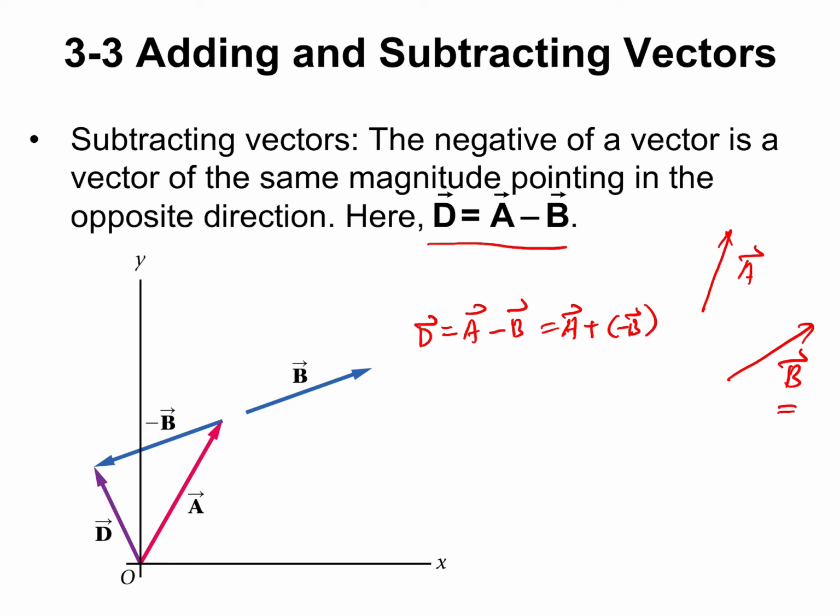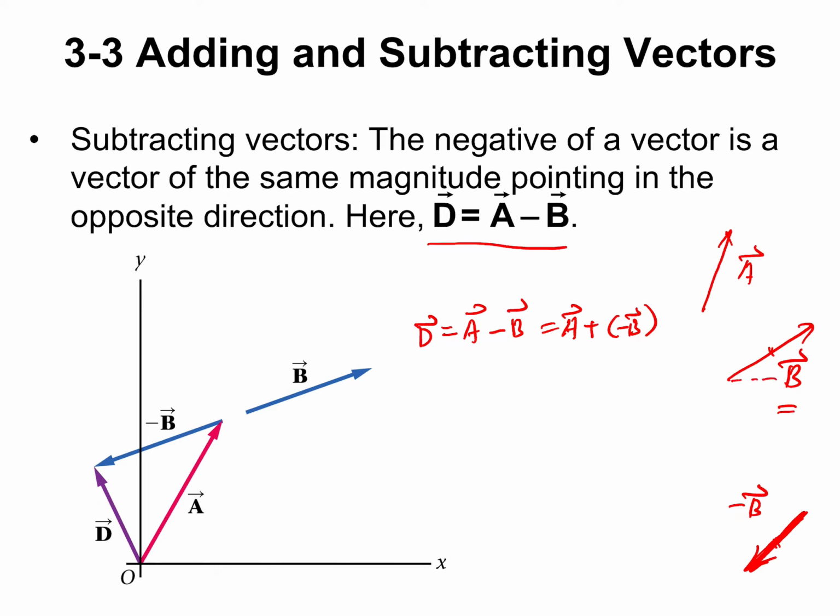First, what is a negative vector? Well, this is a B vector, right? So what is negative B? If a B vector is like that, negative means same magnitude, opposite direction. Remember, opposite direction. So this is B, this is negative B. I didn't draw that exactly parallel, okay, just assume they are parallel. They are parallel, same magnitude, and they point in opposite directions.